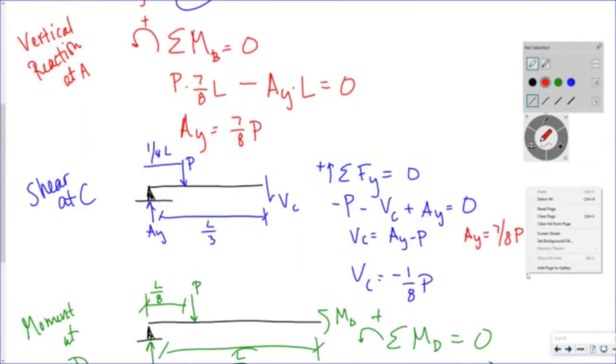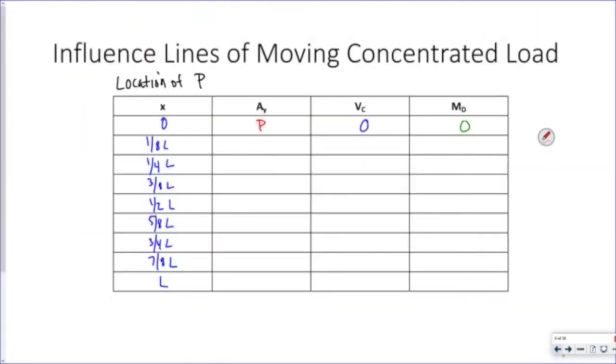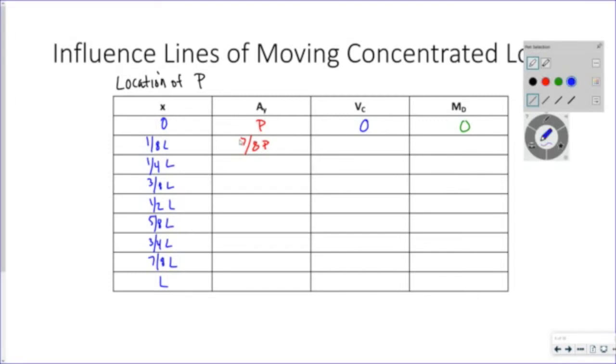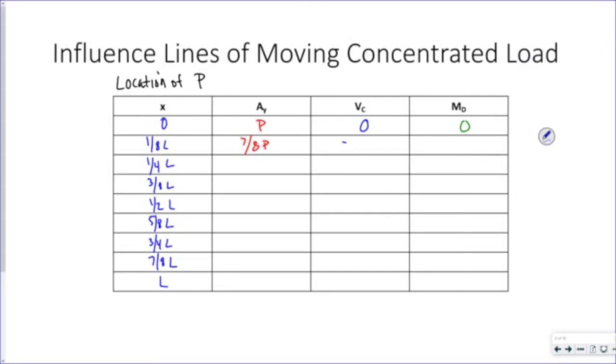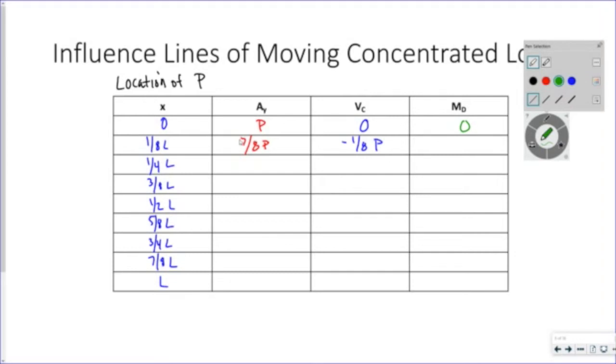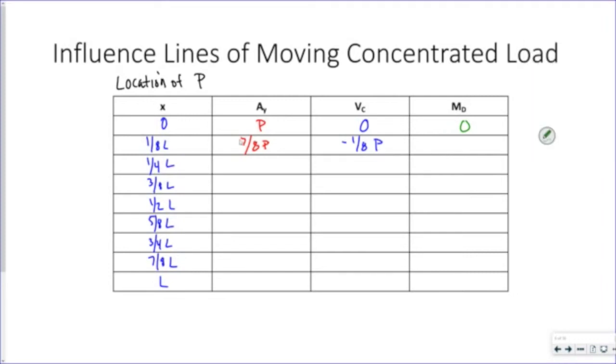Is that what I said? 7/8 P. Looks terrible. 7/8 times P. My shear is -1/8 P, and my moment at D, my shear at C is -1/8 P, and my moment at D is 1/16 PL.